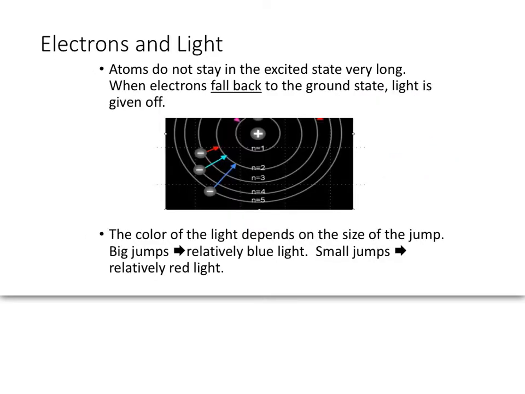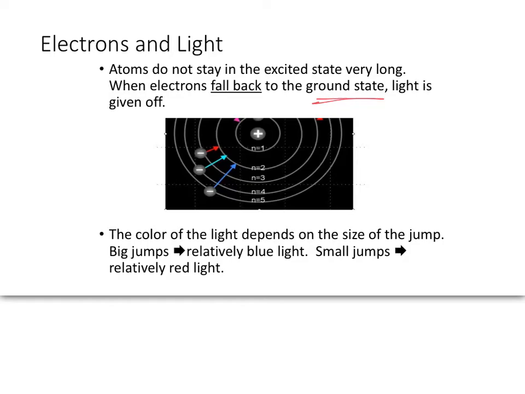So, what happens and why we see these electron emission spectra is because the atoms don't want to stay in those excited states. The electrons want to get back to where they were. They want to get back to the ground state. Okay? Because they're attracted to the nucleus where all that positive charge is.